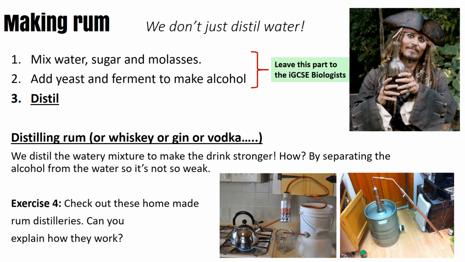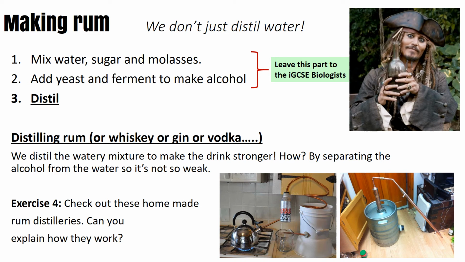So we stick our watery mixture into the bottom of our flask, we heat it up, and the first thing that's going to evaporate off is our alcohol, our ethanol. We're hopefully going to condense that in our condenser and distill off all of our strong alcohol and leave a lot of the water back in the flask.